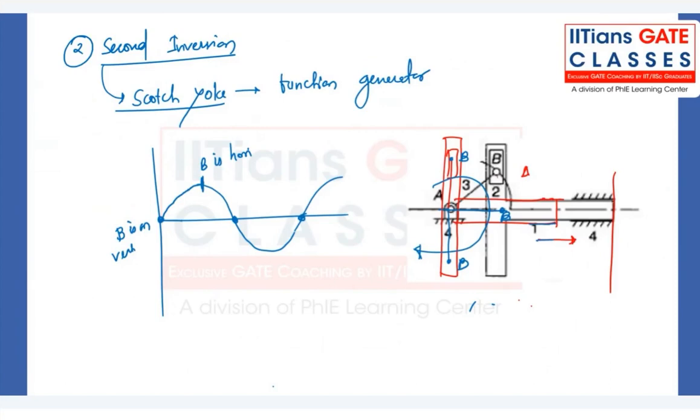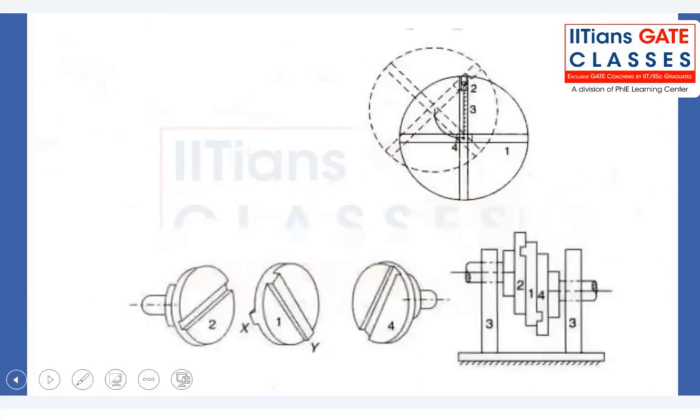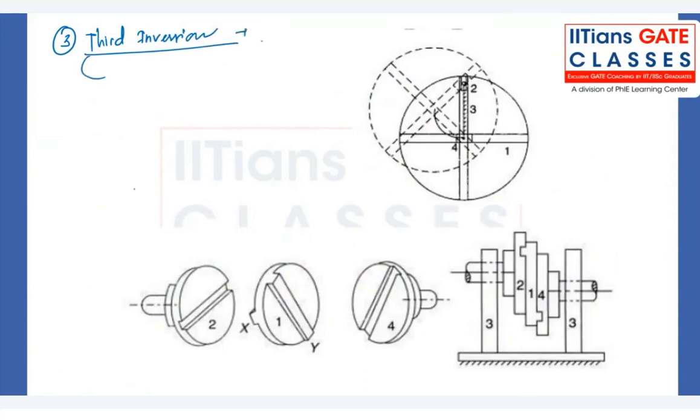And the last inversion is the third inversion of the double slider crank chain, and the application of it is Oldham's coupling. Coupling, we know, is used to join two shafts whenever there is some kind of misalignment.